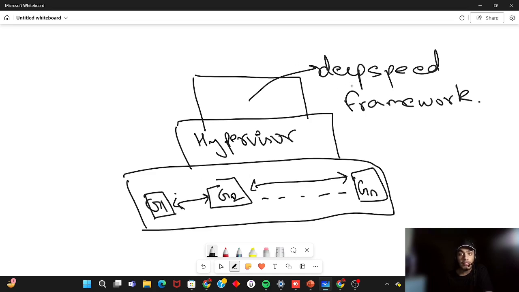So, the DeepSpeed machine learning framework would orchestrate the process of parallel execution of your machine learning pipeline in these GPUs. So, it would give separate work to GPU 1, GPU 2, and the nth GPU.